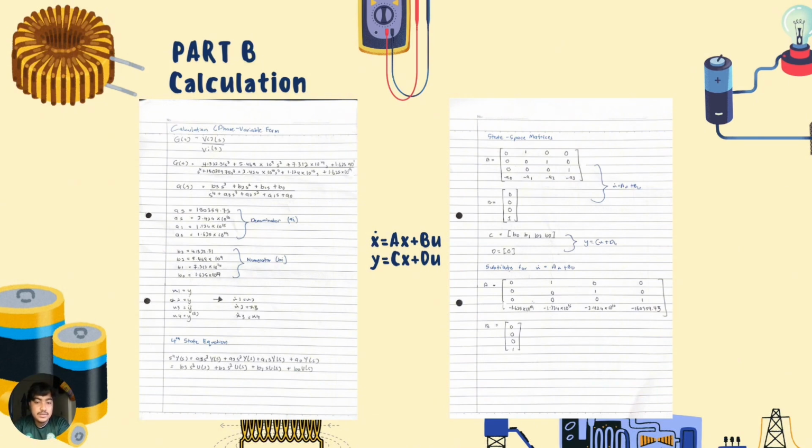After setting the transfer function into standard form, we need to compare it with our transfer function. First of all, we need to find the denominator coefficients, which are a3, a2, a1 and a0. And for the numerator coefficients, we have b3, b2, b1 and b0.